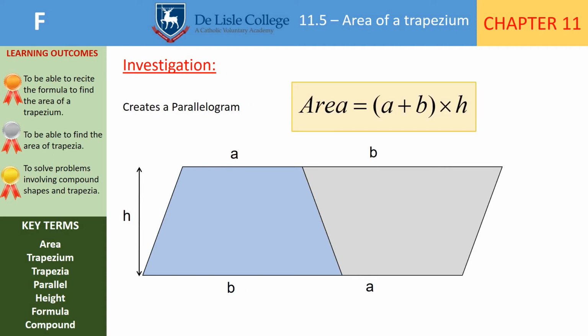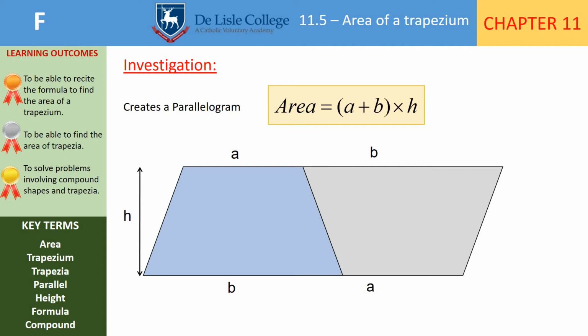The area of that parallelogram, well, we've done that before. It's the length times the height in our previous learning. The length of the bottom, and the length of the top, of course, is a plus b. And we multiply that by the perpendicular height, h. So we can see that two trapezia make a parallelogram, and that would be the area.